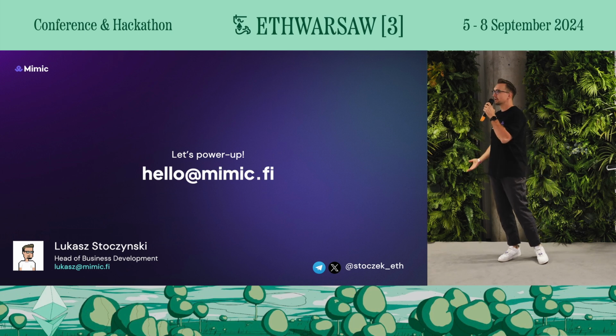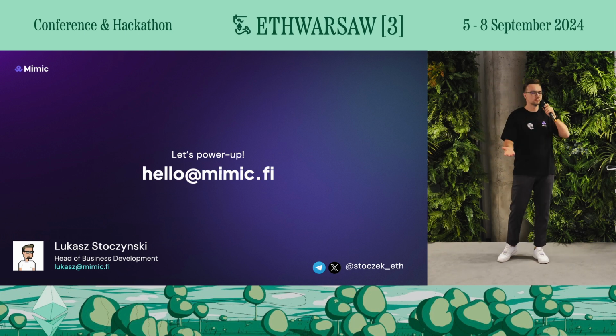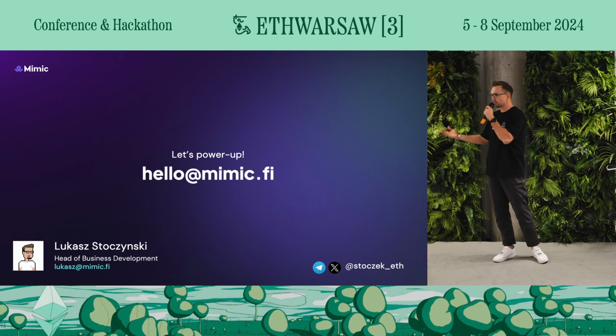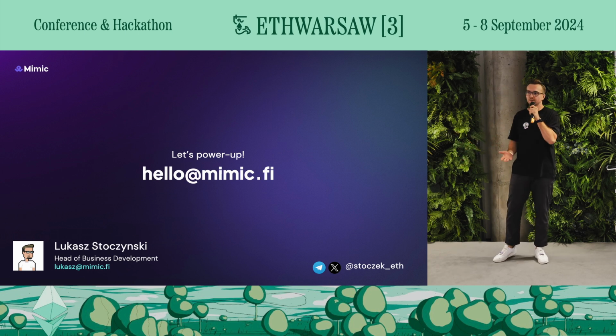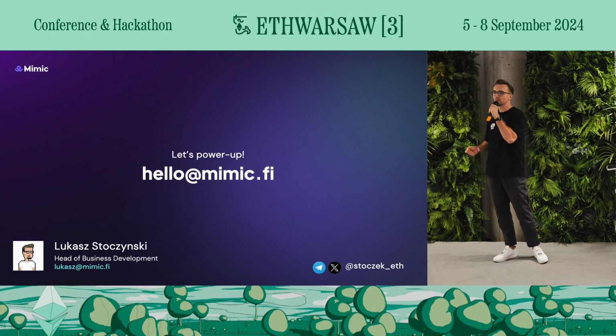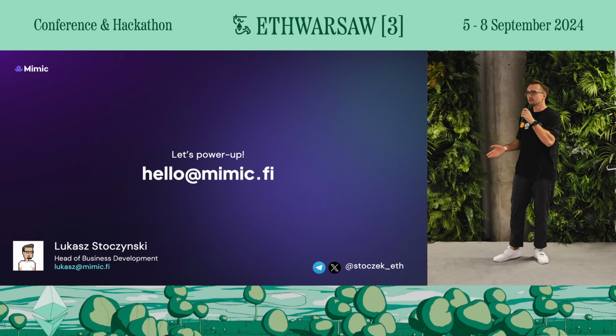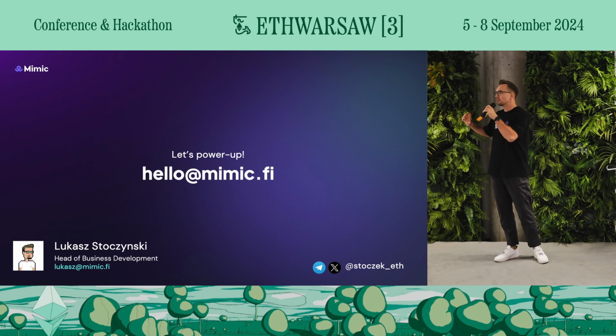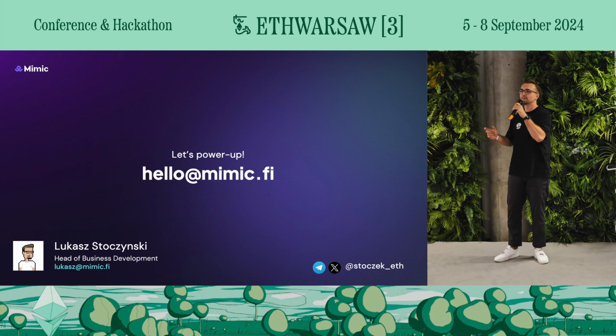So if you're building an AI agent that trades assets or performs any on-chain activities, you're going to be able to plug in through the API to our intents layer and use Mimic as an intent creation and execution layer for your AI agents.